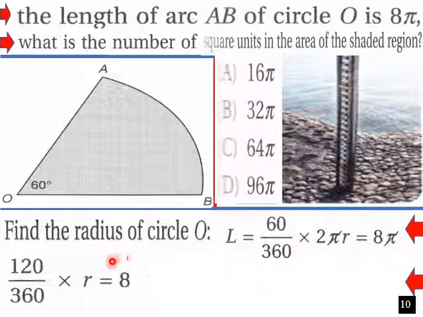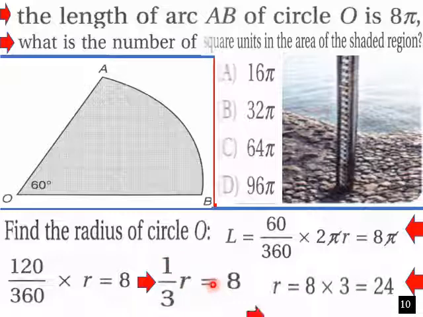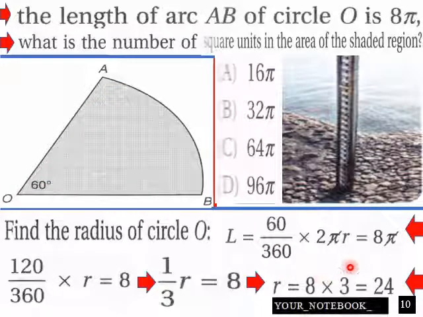When we multiply that out, we end up with 120 over 360 times r equals 8. So 1/3 of r equals 8. We solve for r: r equals 8 times 3, which is 24. So we found our radius, which is 24.